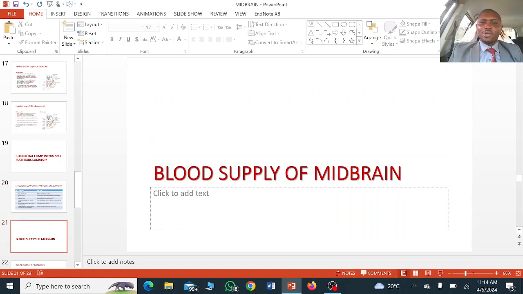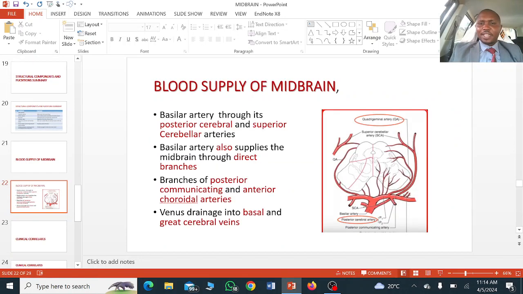So we will go on and look at the blood supply of the midbrain. Mainly it has two blood supplies. It has the basilar artery through the posterior cerebral artery over here.